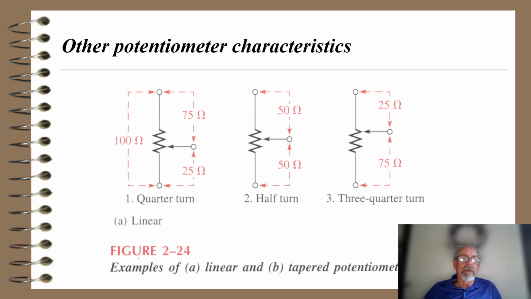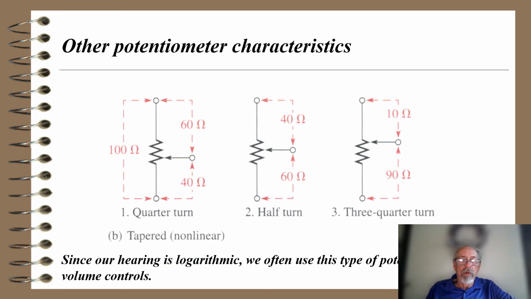This shows some other potentiometer characteristics. In this figure, I show a linear one, which means if I have a quarter turn, I get a quarter of the resistance. If I do a half turn, I get a half resistance. 3/4 would be 3/4 of resistance. So that's figure A, linear. Down below it is figure B. And on this one, notice a quarter turn does not give me a quarter of resistance.